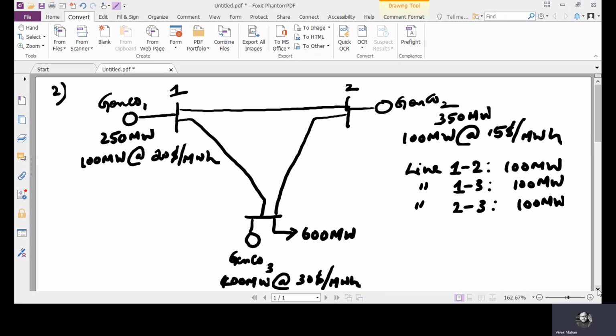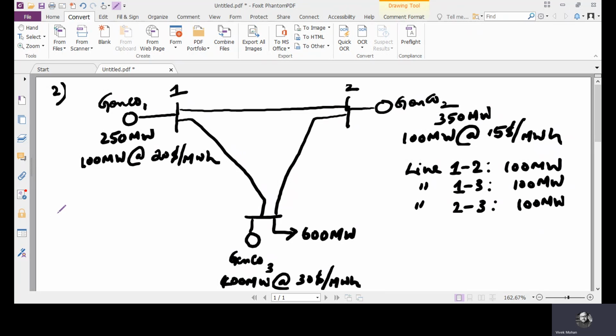Now we are going to find the Herfindahl-Hirschman index in this particular case, where a 3-bus system with 3 generating companies, 1 at each bus, is given. The 3 generating companies are Genco 1 with a maximum capacity of 250 megawatts, Genco 2 with a maximum capacity of 350 megawatts, and Genco 3 with a maximum capacity of 400 megawatts.